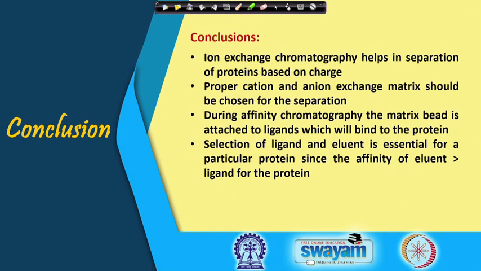So, what we learned from this lecture is that ion exchange chromatography helps in the separation of proteins based on charge. We have to remember that any of the chromatographic methods that we are using exploits a specific property.